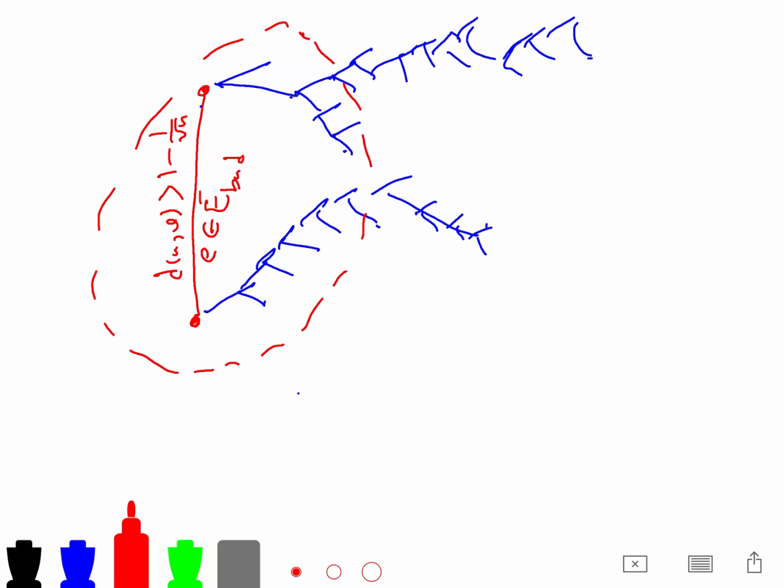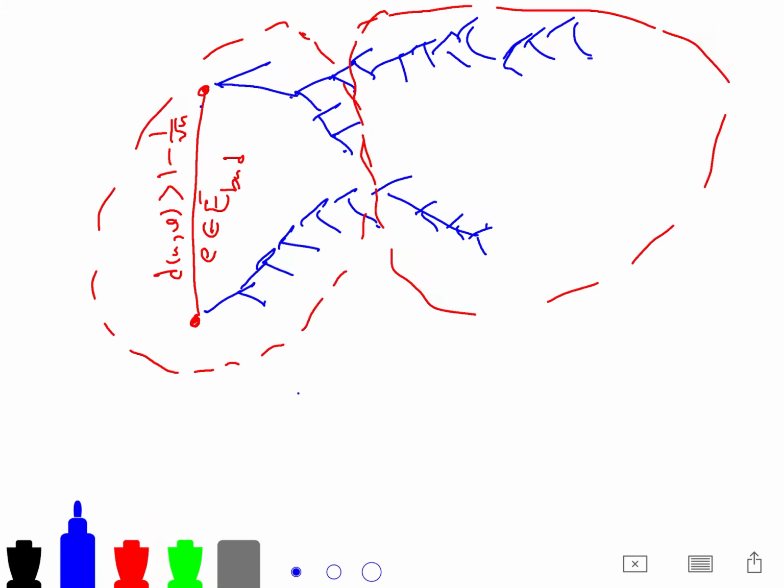That's why this is a bad edge, because the red edge is inside the cluster. This is another cut. So if the output clustering does not separate them, then d of u and v is equal to 0. So you see why these are bad cases.